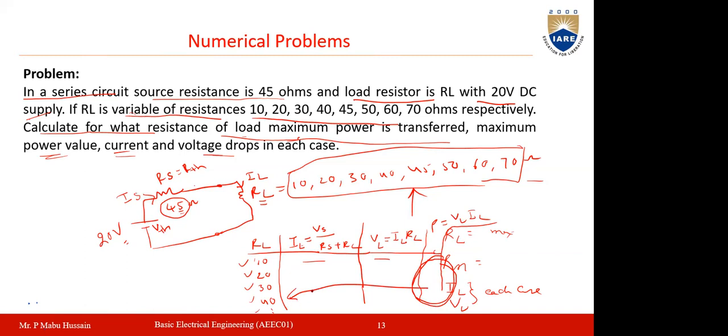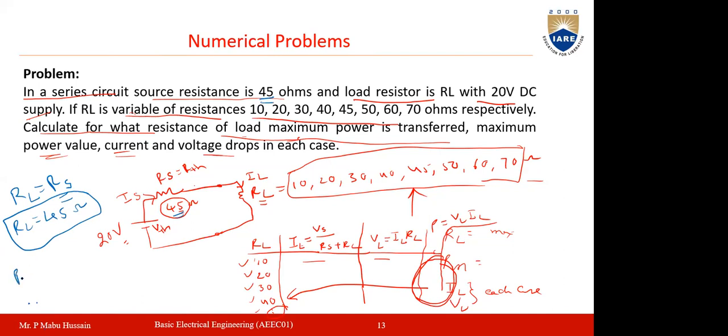Maximum power will be delivered to the load at some particular resistance. But if you apply the maximum power transfer theorem directly, you can say that whenever the load resistance becomes equal to the source resistance, maximum power is delivered to the load. The RS value is given as 45 ohms, so when RL equals 45 ohms, maximum power is delivered.